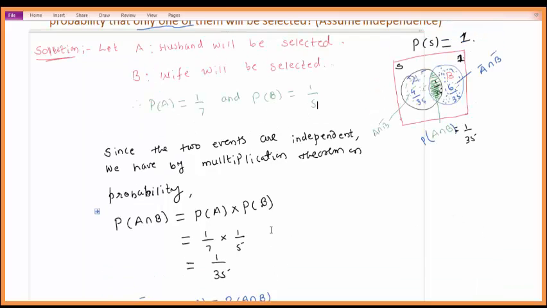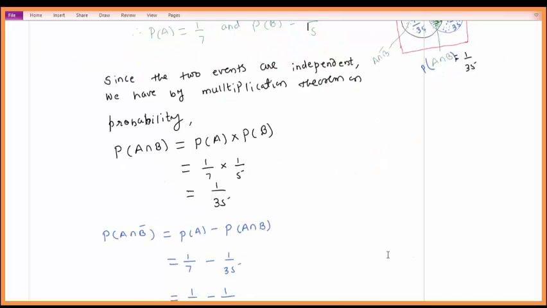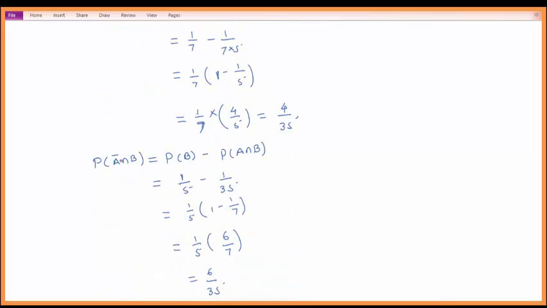Now, we have to find probability of only wife is selected. From probability of B, we have to remove the probability of this part, A intersection B. So probability of only wife is selected means husband is not selected, that is A bar, and wife is selected.